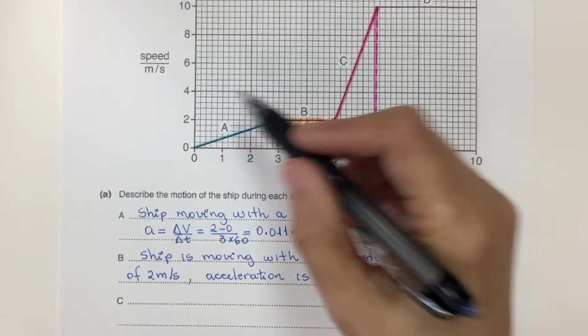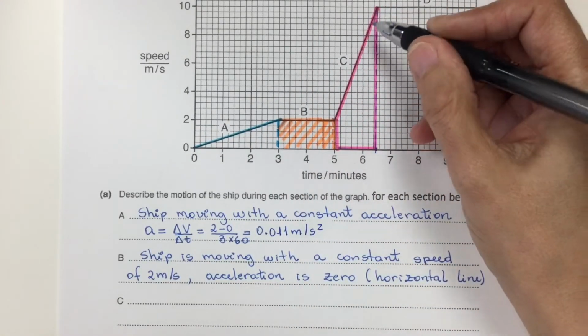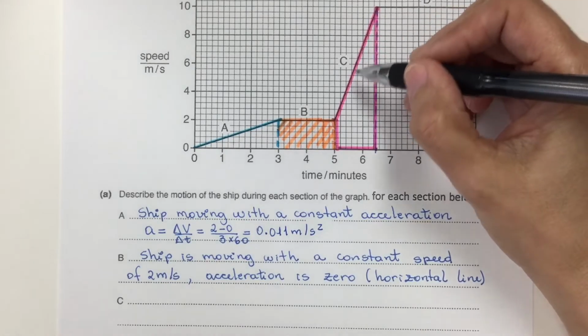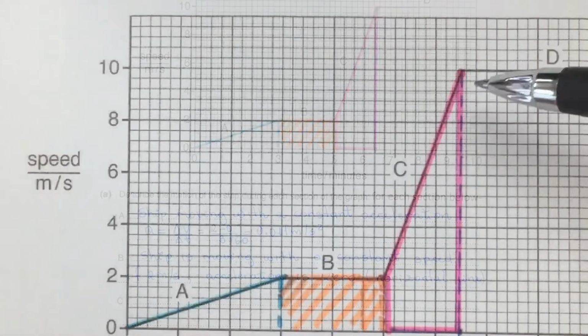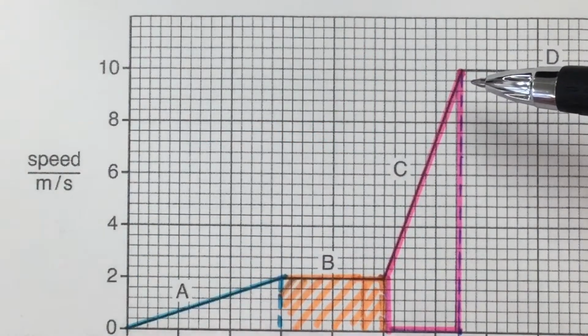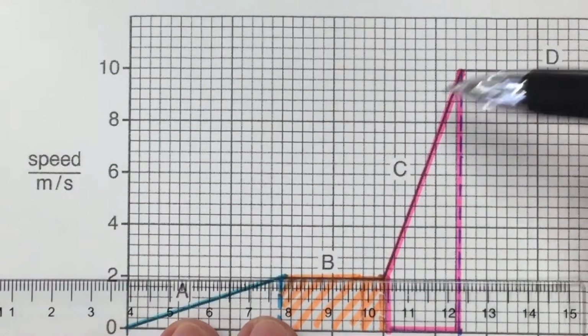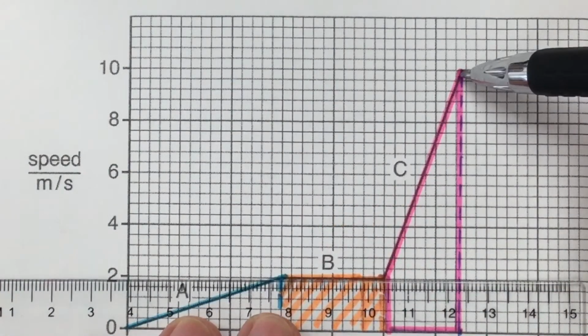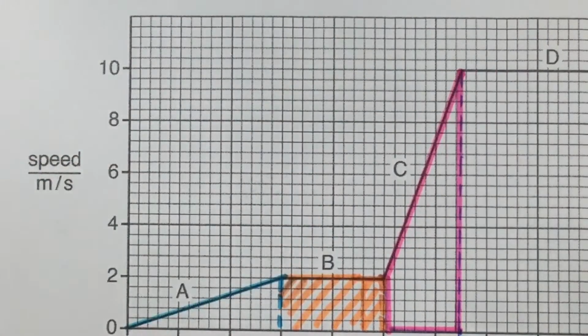At C, the speed is increasing, so it indicates there is an acceleration, and because it's a straight line, the acceleration is also constant. The change in velocity here for C is 10. Well, it starts at 2 meters per second and ends at 10 meters per second, over an interval of 6.5 minus 5, which is 1.5 minutes.